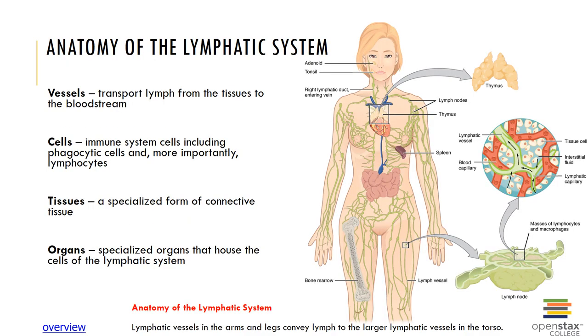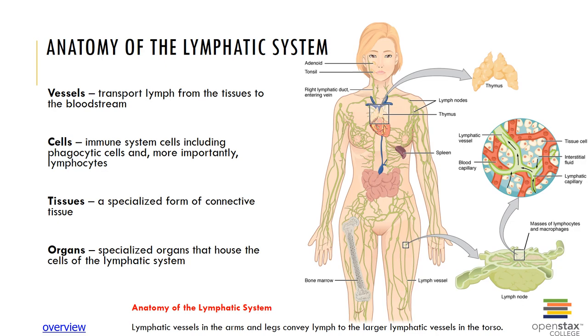Now, the lymphatic system includes the vessels, cells, tissues, and organs responsible for defending the body against both environmental hazards, such as various pathogens that I mentioned previously, and internal threats, like cancer cells. Lymph vessels carry lymph from the peripheral tissues to the venous system.